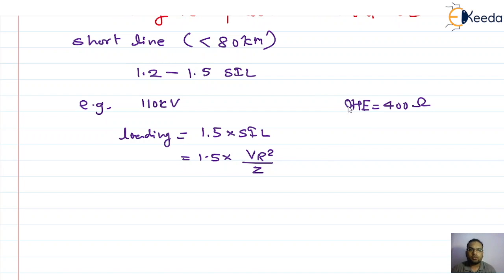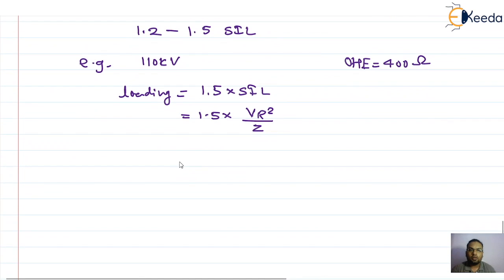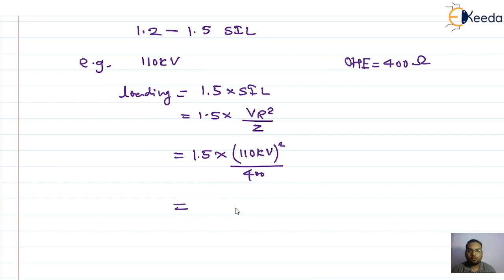ohm. So let us consider that 400 ohm and the voltage level is given as 110. So it is 1.5 times 110 kV, bracket square, divided by that 400. If you solve this, we will get the value around 45 megawatt.